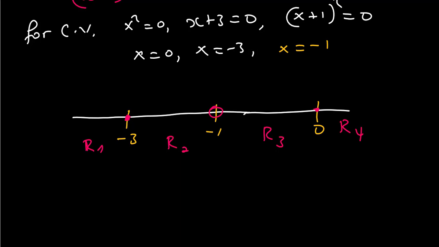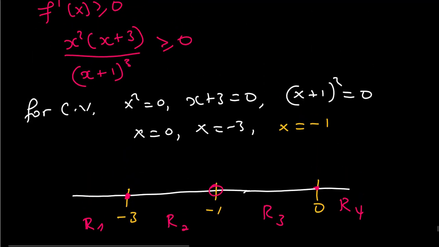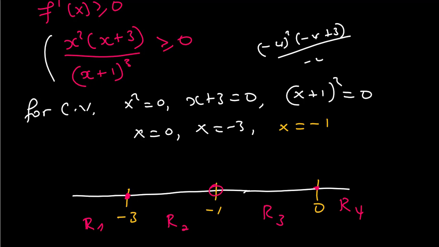So let's get the respective signs. We have negative 3 downwards. If we take any value below negative 3 and substitute it inside our derivative function, we are going to get the sign. If we take negative 4, for example, we have negative 4 squared times negative 4 plus 3, all divided by negative 4 plus 1, all cubed.